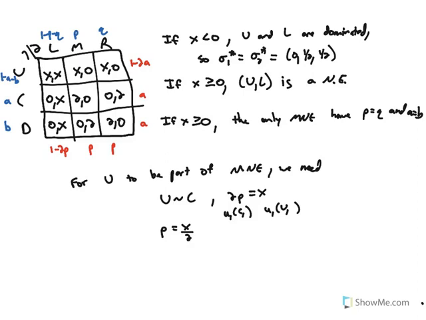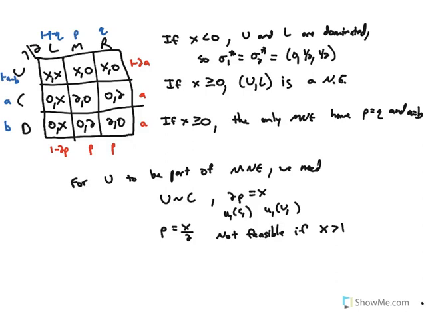Now, this is not feasible if X is greater than 1. Okay? Because if X is greater than 1, then P is greater than a half, but there's 2 of them in there, and so that's going to force L to be a negative number.